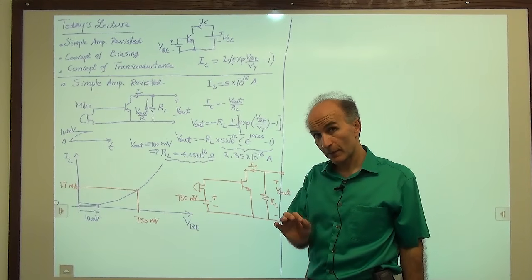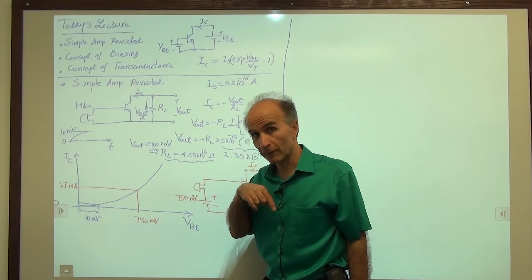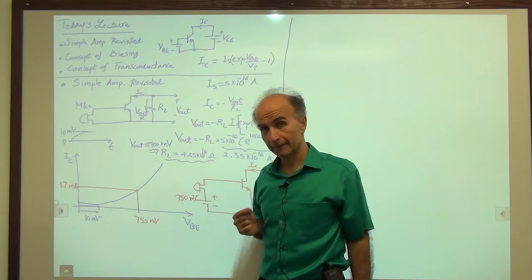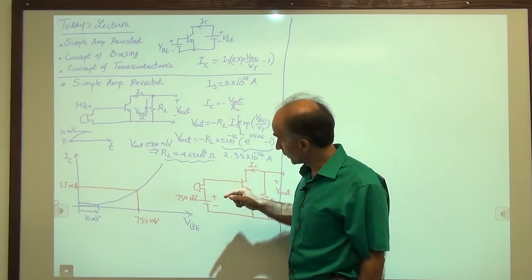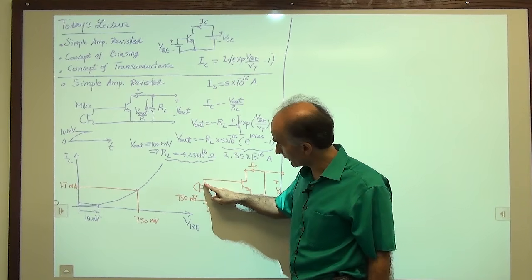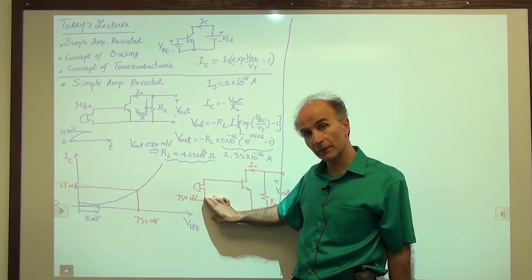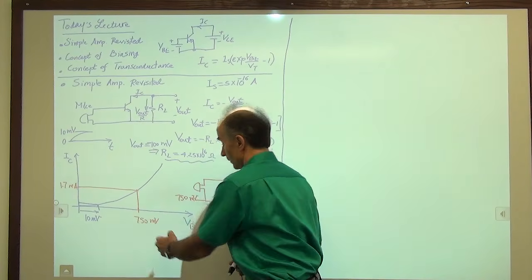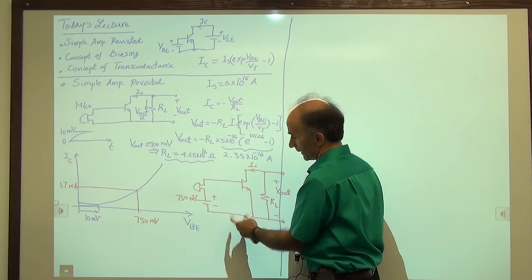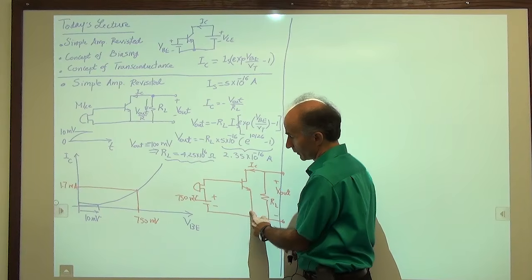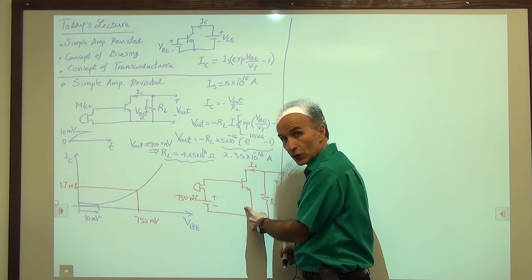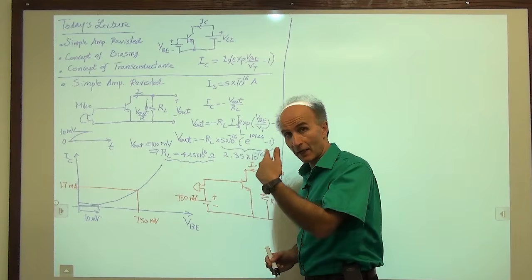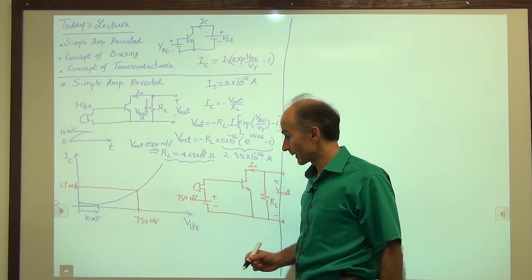But now, let's suppose that I do talk into the microphone, and the microphone generates a 10 millivolt signal. So now, this has 10 millivolts on top of 750 millivolts. We are sitting at 750 millivolts because of the battery, and the base emitter voltage suddenly goes from 750 to 760 because the microphone generates another 10 millivolts of signal.